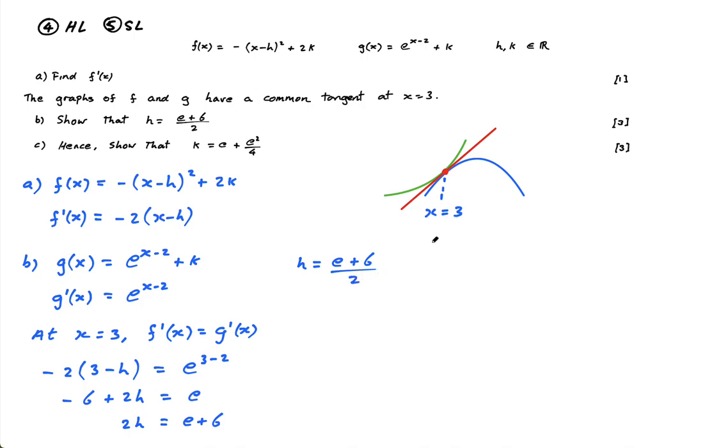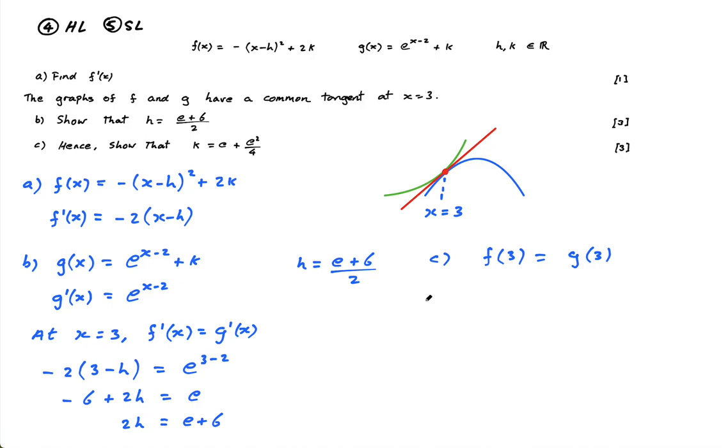Okay, part C. Hence show that k equals e plus e squared over 4. So again, getting back to this point, guys, at x equals 3, they intersect. So I'm going to just write here f of 3 equals g of 3. The y coordinate at 3 has to be the same. So we sub 3 in here.